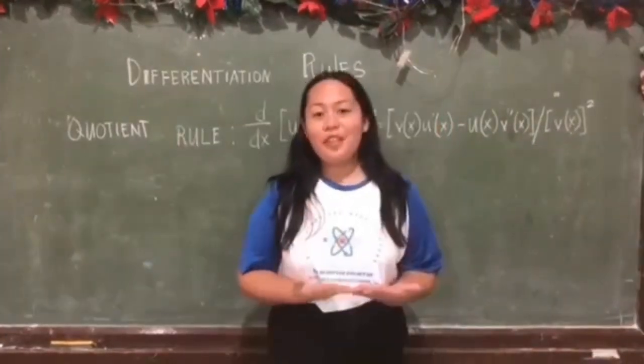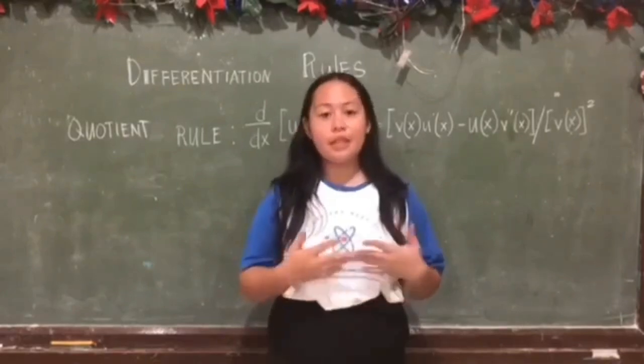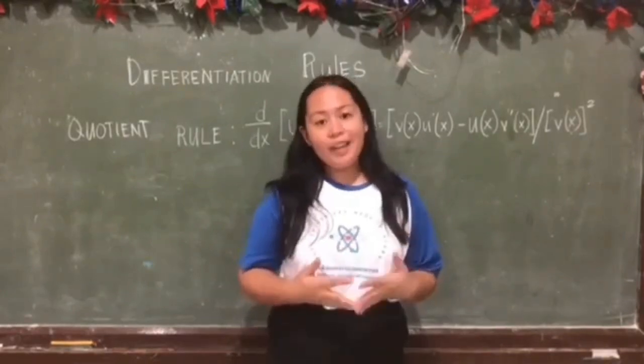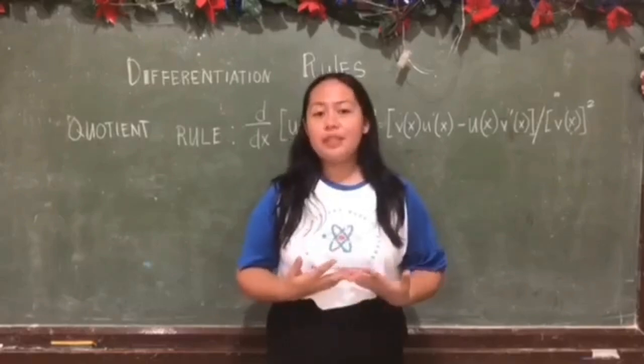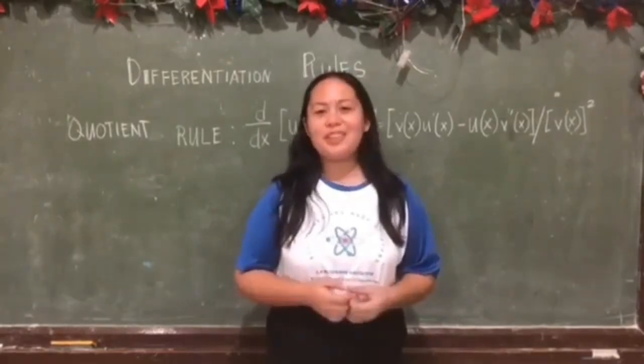In simpler terms, the derivative of the quotient is the denominator times the derivative of the numerator minus the numerator times the derivative of the denominator, all divided by the square of the denominator.